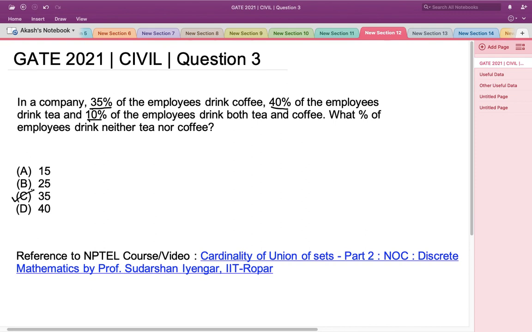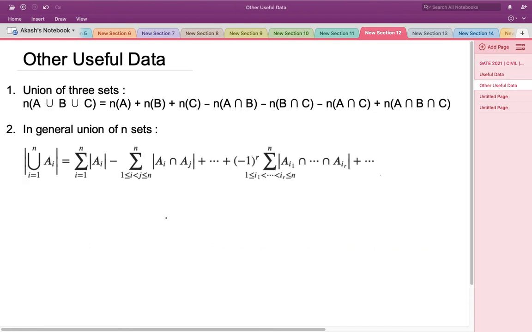In questions like this, in a general format, if we have three sets, for example three different sports, football, cricket and volleyball, then we can use the union of three sets to find the missing value. And in general, if we have n sets, then we can use this general formula to find the missing values. The first term is the addition of all the cardinalities of the individual sets.